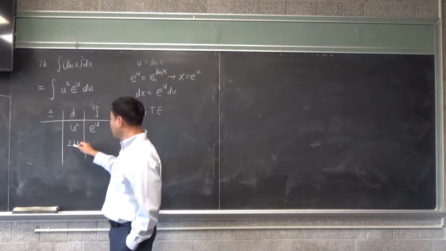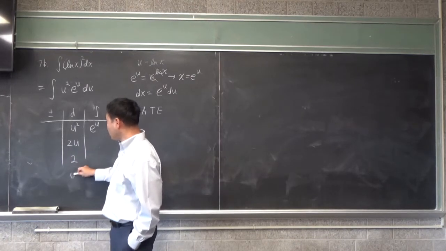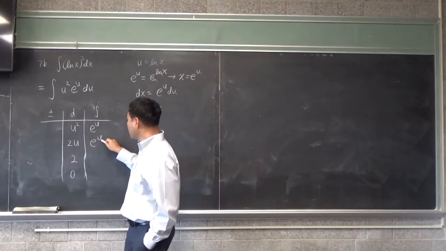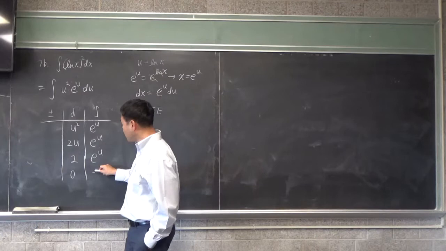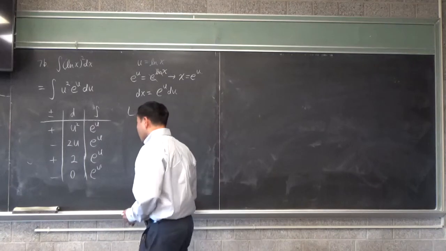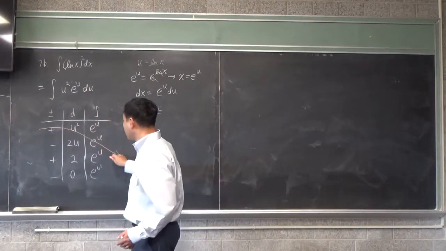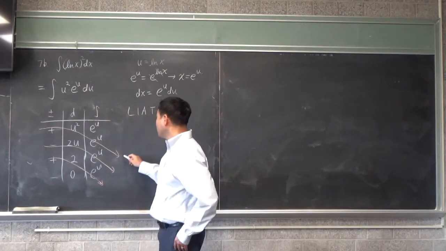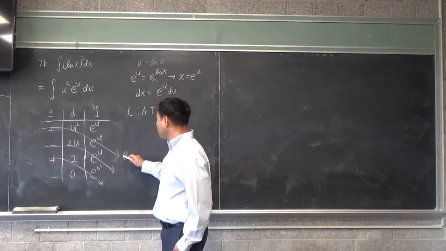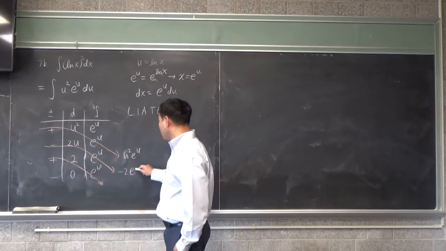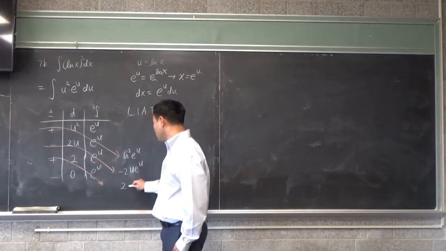Differentiate. Differentiate again. Differentiate yet again, we get this. Integral of e to the u is? Integrate again. Integrate again. Plus, minus, plus, minus. And then this goes like that, and therefore you get u squared times e to the u, minus 2u e to the u, plus 2 e to the u.